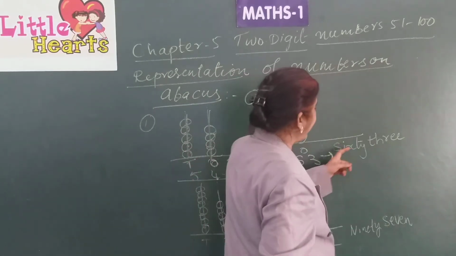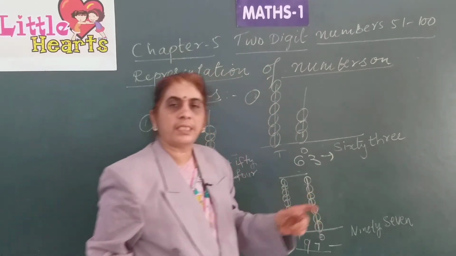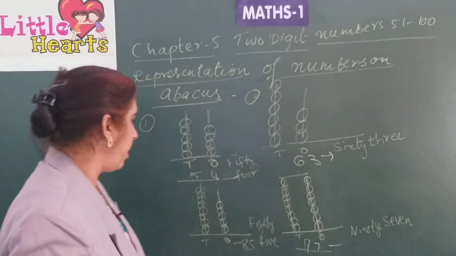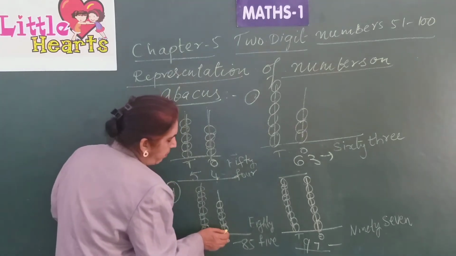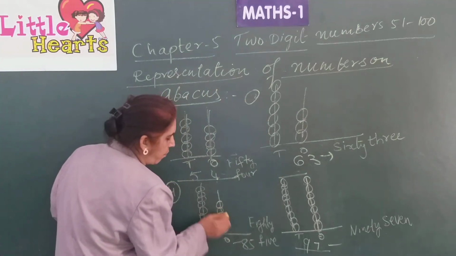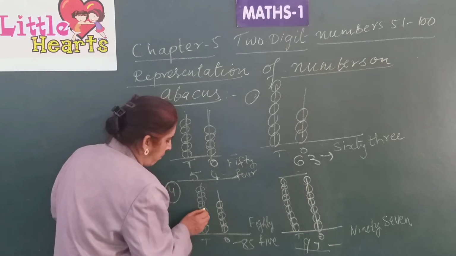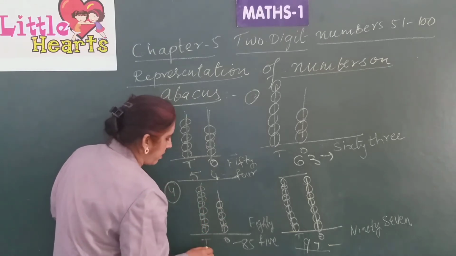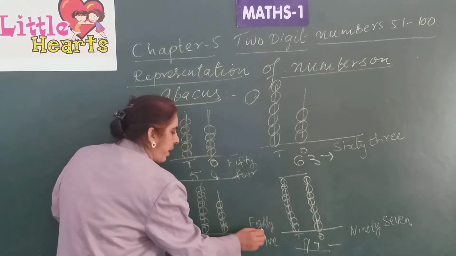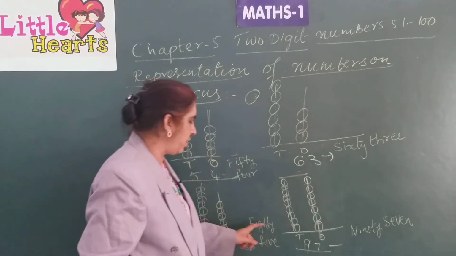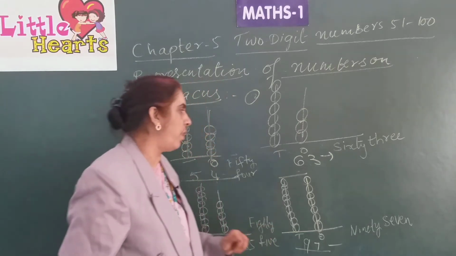We shall write it as SIXTY THREE. Coming to the third one, count the beads on the 1's: 1, 2, 3, 4, 5. And in the 10's: 1, 2, 3, 4, 5, 6, 7, 8. 8 in the 10's place, 5 in the 1's place. So 85, EIGHTY FIVE.